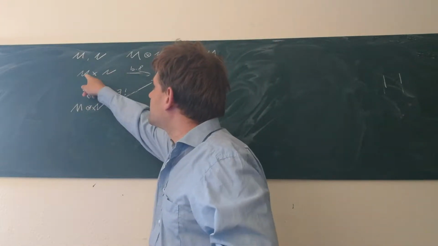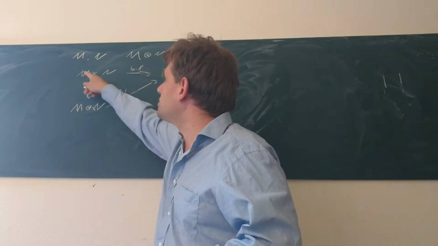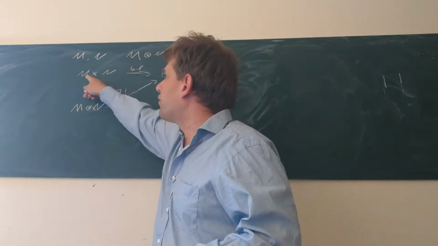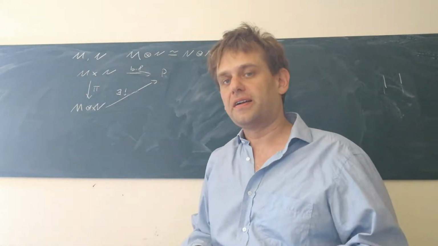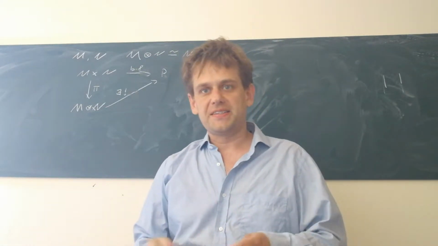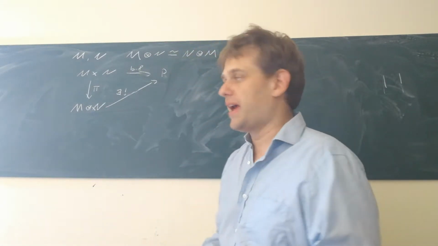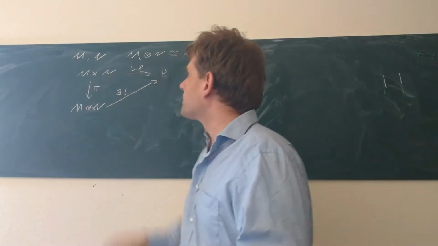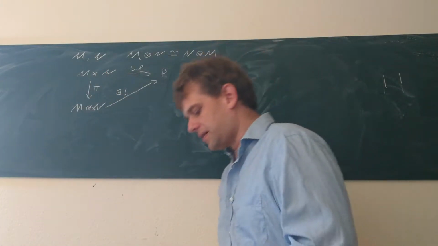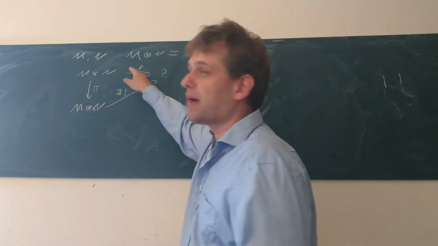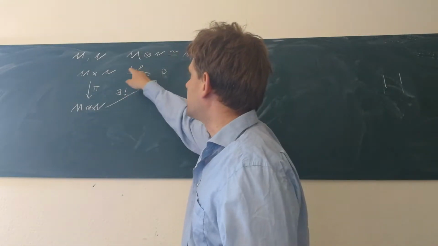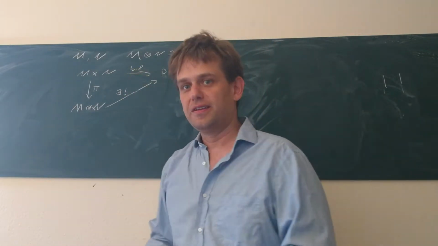So suppose we have the Cartesian product of M and N. Remember, this is basically a set that consists of pairs (m, n), and suppose we have a bilinear map, abbreviated here by bil.